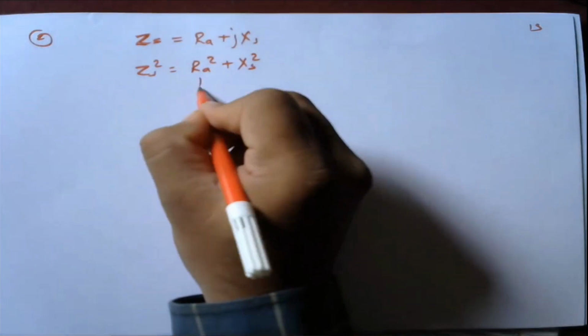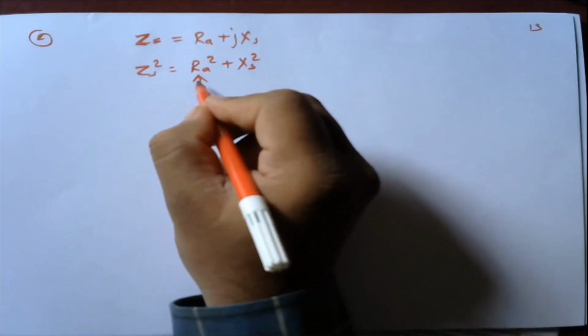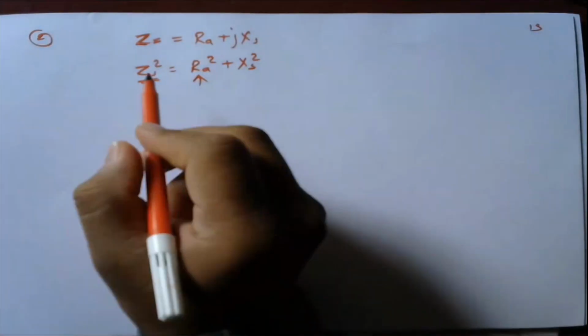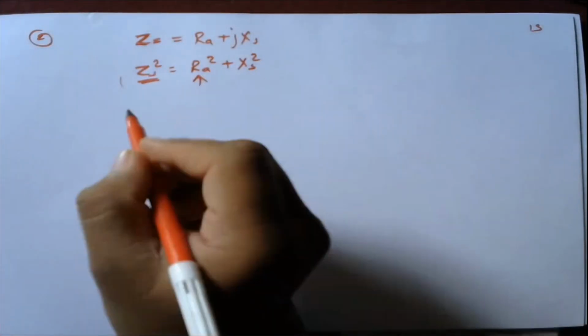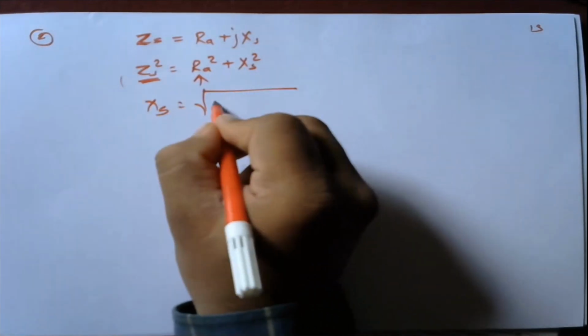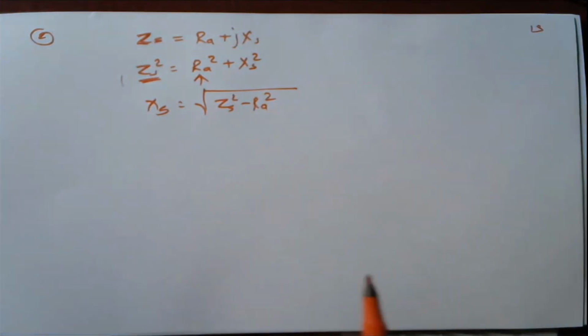In this case RA is known, calculated by using that test. Then ZS is known, calculated by the synchronous impedance method. So how to calculate XS? XS will be the square root of ZS square minus RA square. Got it? Okay. Next task.